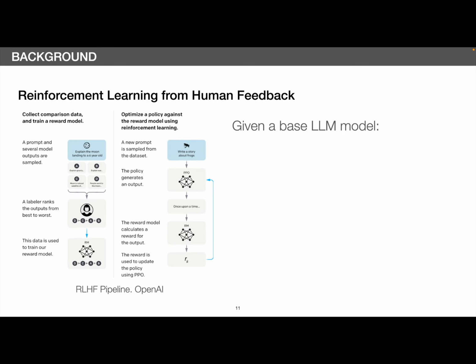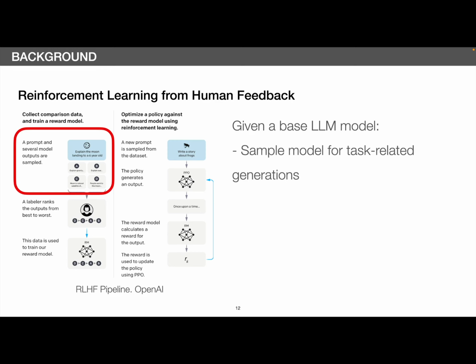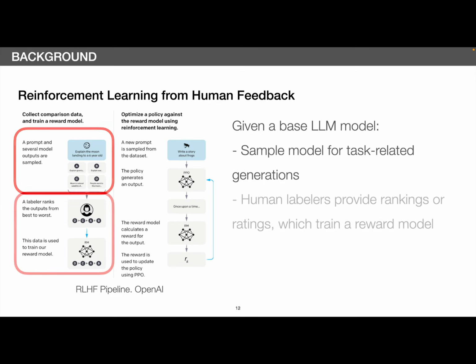And let's say you have a base LLM that you want to improve on a specific task. The first step is to sample the model's output by repeatedly generating multiple responses for a set of prompts relevant to that task. Next, human labelers are asked to rank or rate these candidate responses, and these comparisons are used to train what's called a reward model.